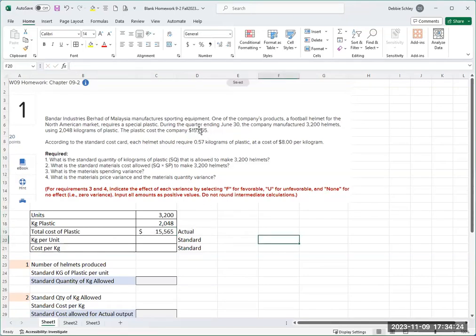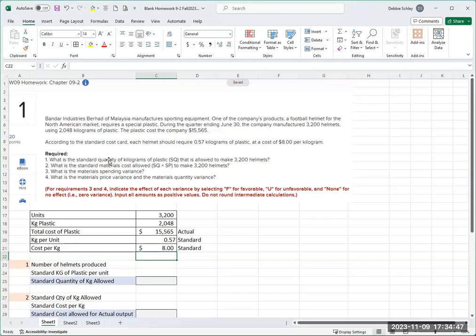That is the actual cost right there. The standard is 0.57 kilograms per helmet or per unit, and the cost per kilogram is $8 per kilogram. Okay.